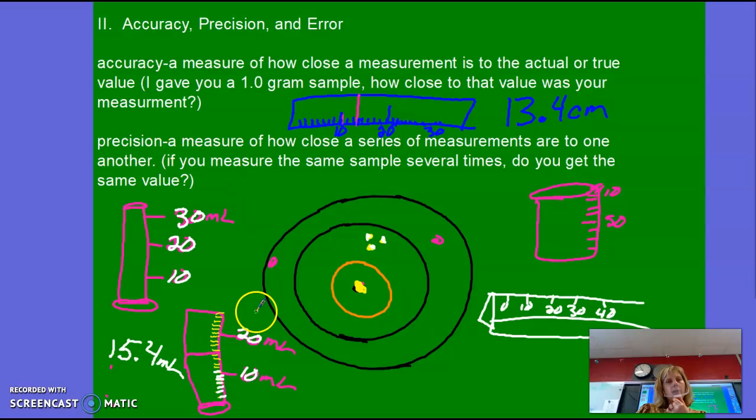In science, we talk about precision in terms of the measurements or the devices that we use for measuring. Something like graduated cylinders, and you have a couple of different sizes of graduated cylinders that you use. If I have a graduated cylinder that only has a graduated mark every 10 milliliters, it is not as precise as one that has every single milliliter marked.